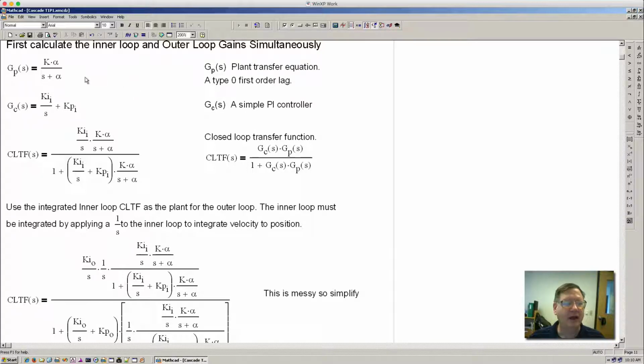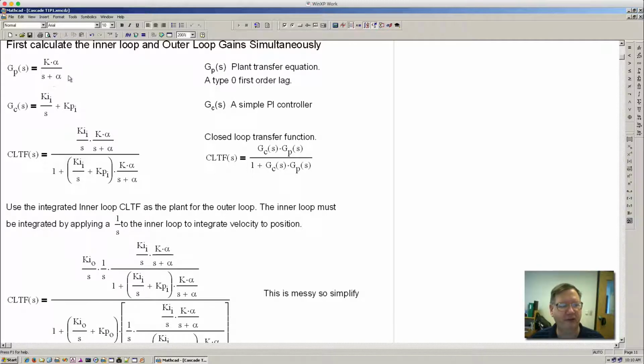What I have for an example is a simple motor with a gain and a, well, this is a bandwidth, but if I divided this through by alpha, you would say that this is a time constant. And the time constant would be a factor of the inertia and the amount of torque that can be applied.